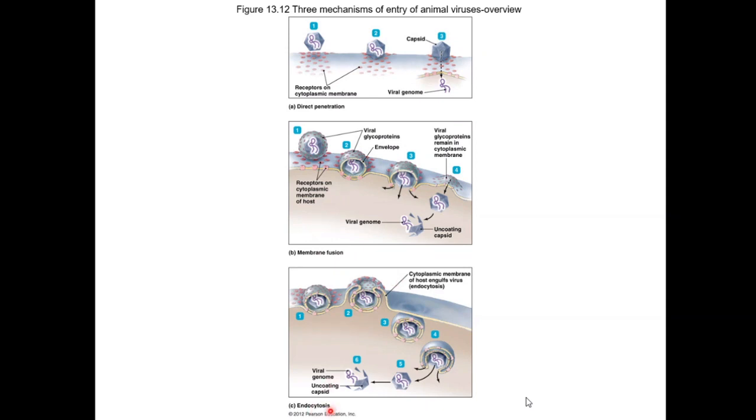Then we have endocytosis, which is the normal way that the cell gets food inside. So the viruses, of course, have to be enveloped viruses. After attaching, the cytoplasmic membrane of the host engulfs the viruses by endocytosis.